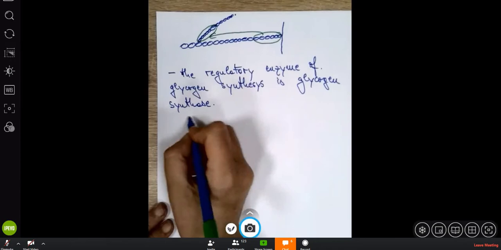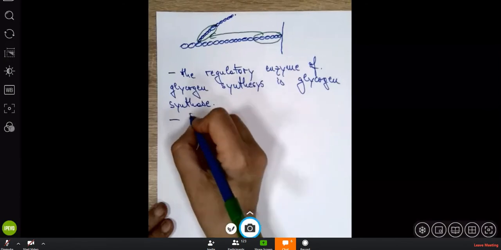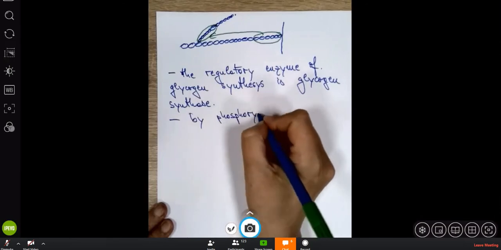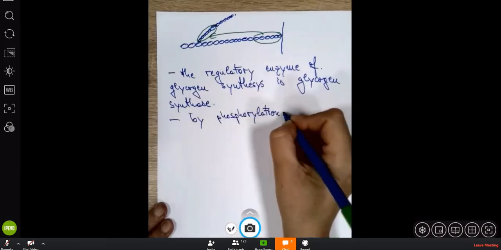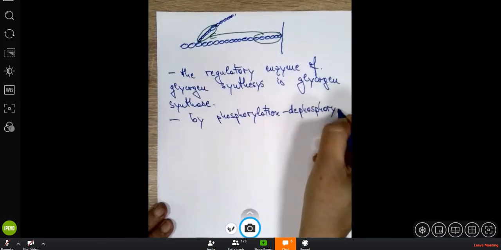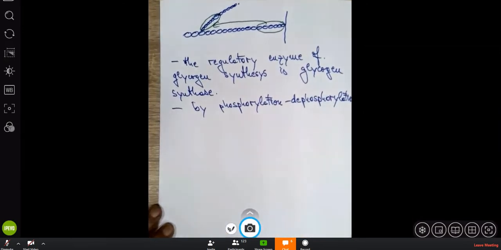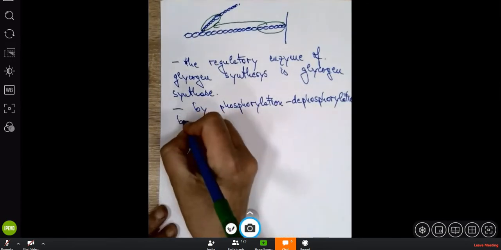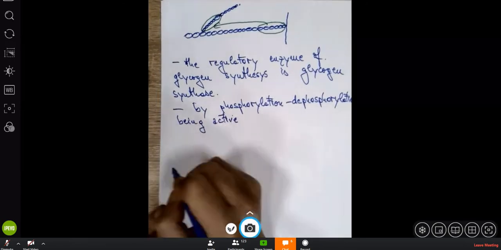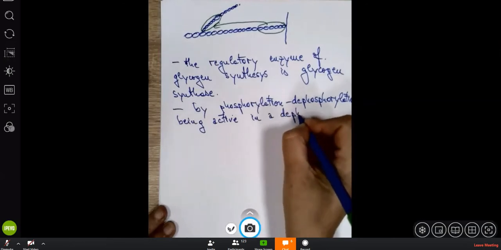And of course, this is also going to be regulated by phosphorylation and dephosphorylation. So regulated by phosphorylation, dephosphorylation, being active in a dephosphorylated form. Now the process is exactly opposite.